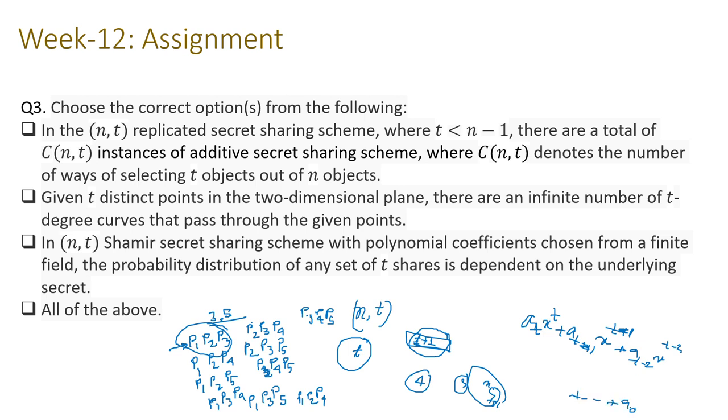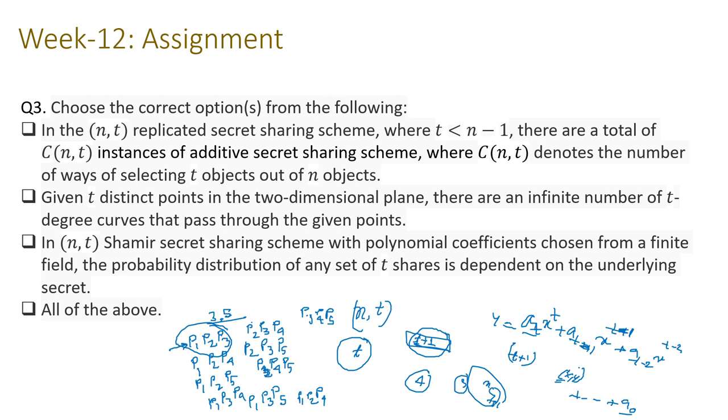So a total of t plus 1 different coefficients are present here, since it is a t degree polynomial. So you would require at least t plus 1 xy pairs, where x is some given point and y is the evaluation of this function on that point x, right?